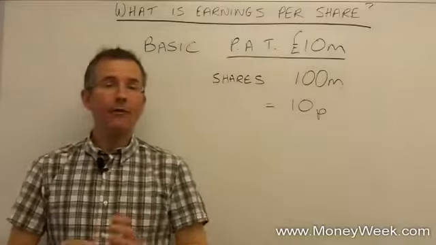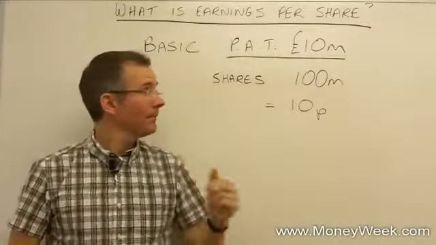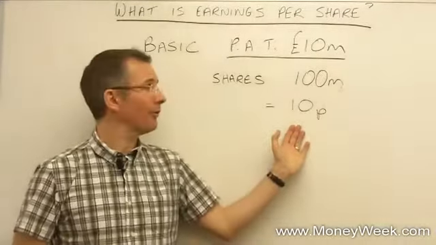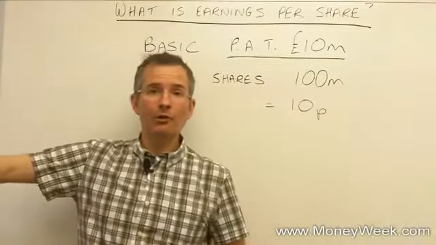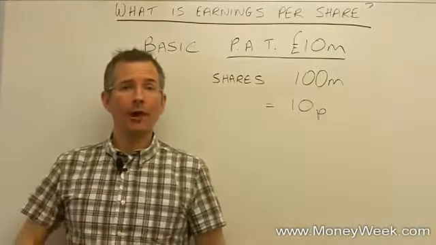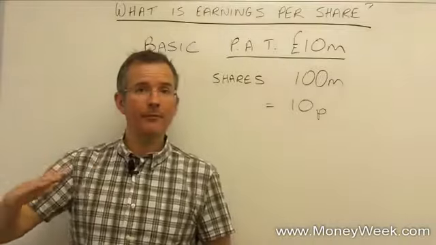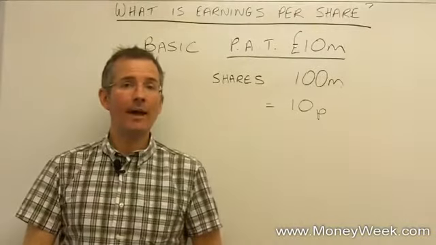Now, by itself, that doesn't really tell you very much. Obviously, the higher the better from a shareholder's perspective, but it's useful to look at a trend, for example. So you might start to look back over the last 3 or 4 years and see how EPS has developed.